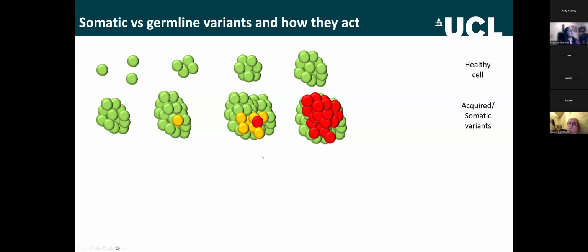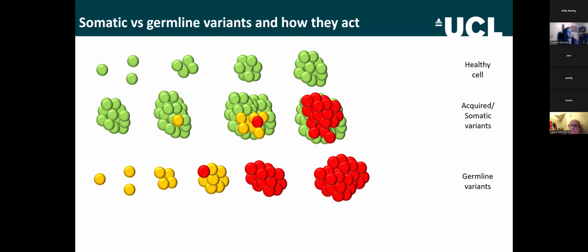But what happens in a condition such as PHTS or when there's a BRCA mutation? You start with the mutation. So this has brought forward all those number of years. And then at some stage, which is a lot earlier on in life, you acquire the second mutation, which then causes the cancer.